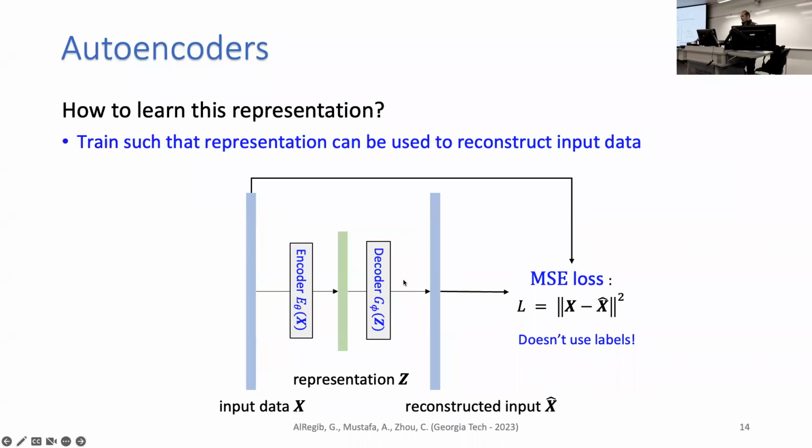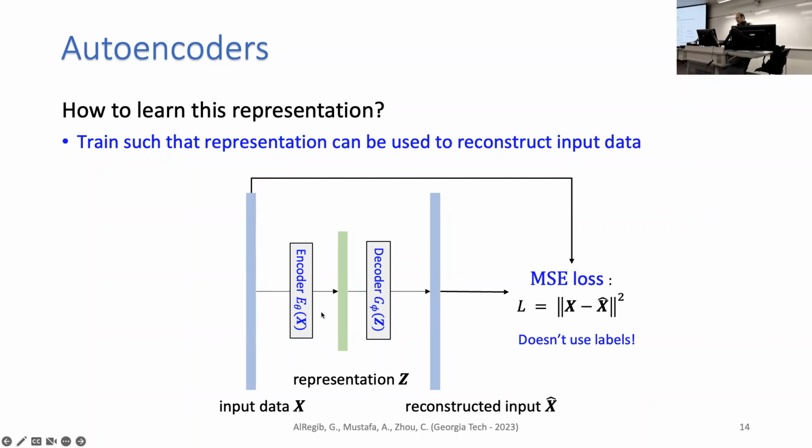Now, once we have that, that's where the training comes into the picture. We have our data X. As you can see, we don't need any labels, right? All we are worried about is reconstructing our X. Our whole purpose is to minimize the difference between X and X hat. If we look at the mean square error as the loss function, we are minimizing X minus X hat squared.